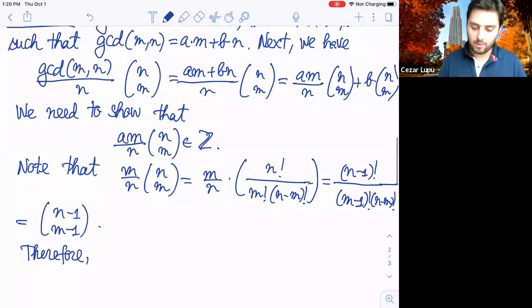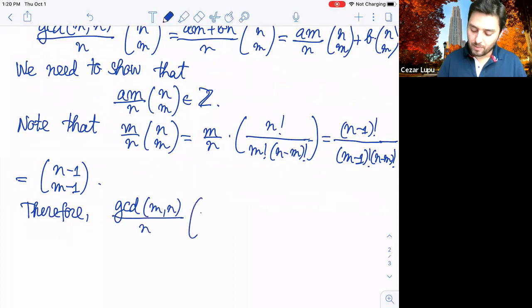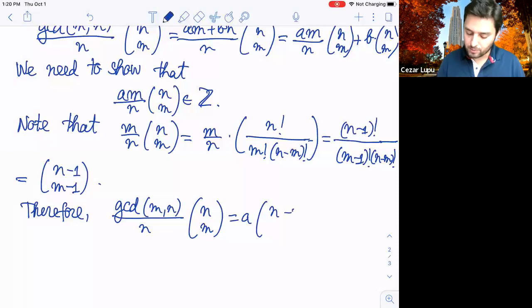So this implies that this guy, the gcd of m and n, everything over n times n choose m, is nothing else than just a times n minus 1 choose m minus 1, right?